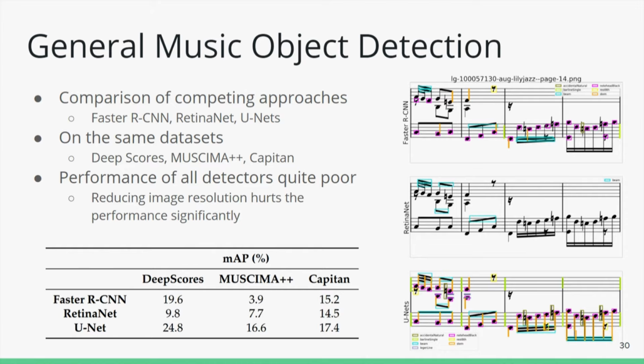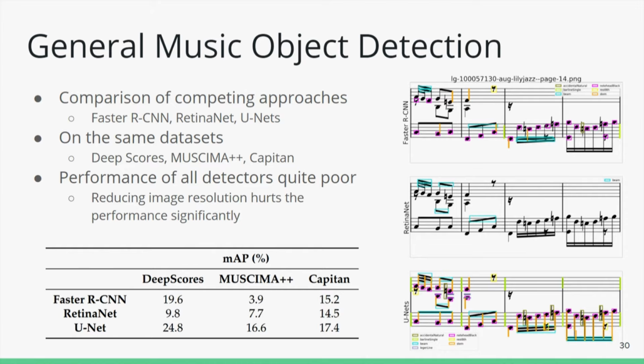And the second thing was, especially for the Faster R-CNN and RetinaNet detectors, we had to downscale the images and reduce the image resolution to fit them into memory, which is just a technical limitation. I mean, there's no other reason why you would downscale the images. And that really hurt the performance. You know, the small dots and all of these tiny objects, when you downscale the image, you blur them and you introduce new artifacts, which of course make the detection much harder.